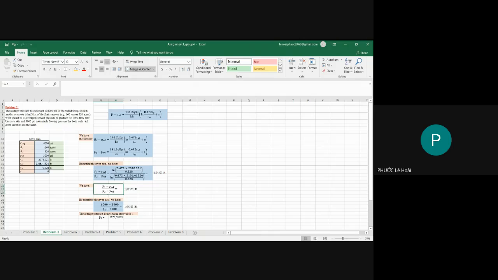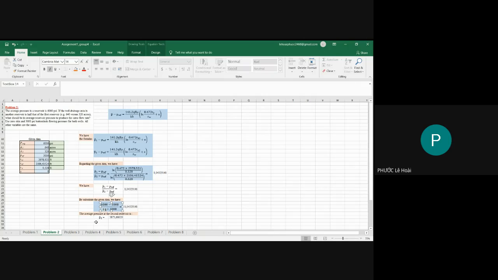We continue replacing this number here. The average pressure of well one is about 6,000 here, and the bottom hole flowing pressure is 3,000 here, and we want to calculate the average pressure at the second reservoir.